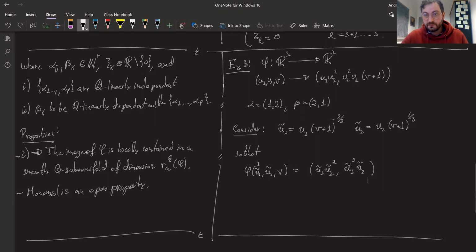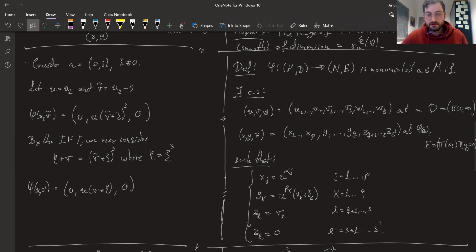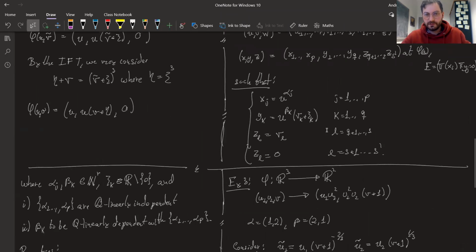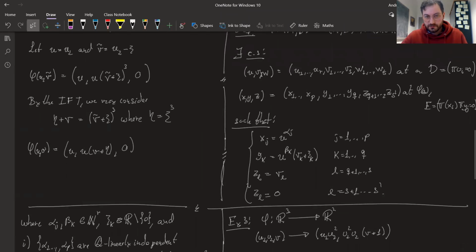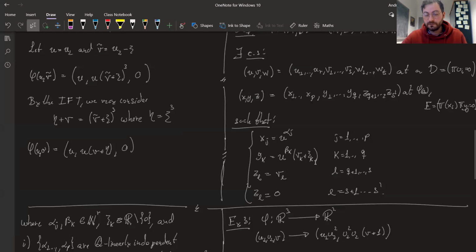This also explains why we are singling out the W here. The W are things which are not appearing in the normal forms of the morphism. We call them phi-free variables, because phi does not depend on them. The importance of this W will come back in the last lecture when I talk about the proof itself.